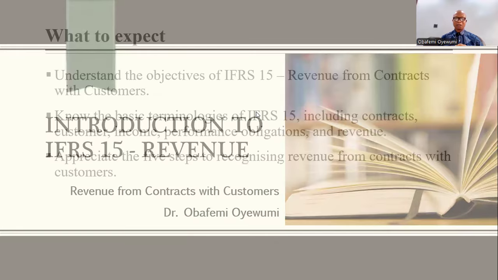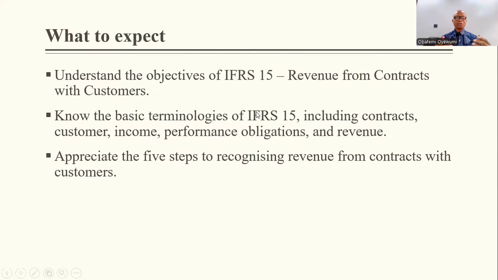And then we want to know the basic terminologies of IFRS 15, including contracts, customer income, performance obligations, and revenue. And of course, we're also going to be appreciating the 5 steps to recognizing revenue from contracts with customers. That's basically our objectives this hour.